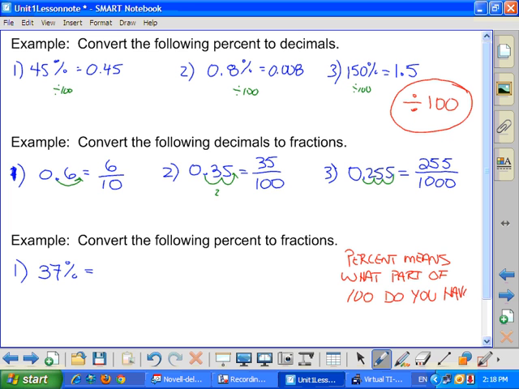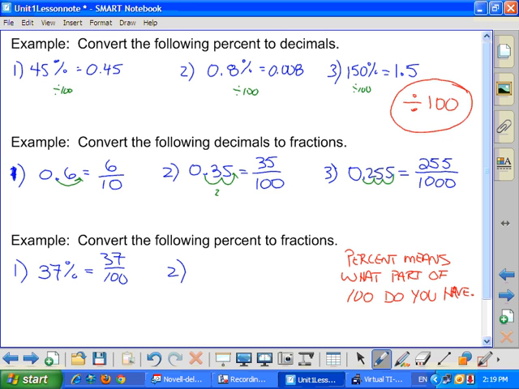Right? Okay, percent means what part, that's a statement, not a question. Well, how much out of 100 do you have? Percent is always out of 100. So if you have 37%, you have 37 out of 100. So we don't even need to go to a decimal form here. Okay, percents are real easy to switch to fractions.